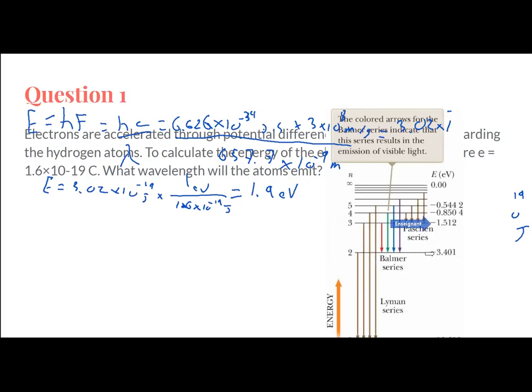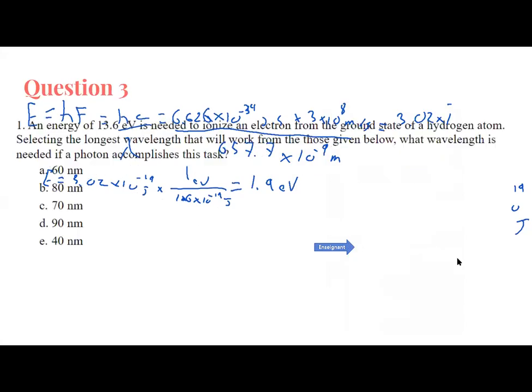The difference between -1.5 and -3.4 is about 1.9. So the hydrogen atom must have jumped from the third state to the second, releasing that difference in the form of a photon. That's why the wavelength is what it was, because its energy matched the difference between the two states.